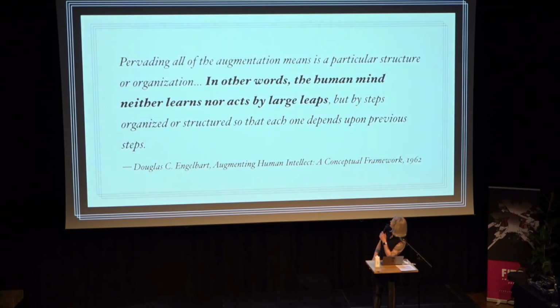So Engelbart said, the human mind neither learns by acts nor large steps, but step by step, organized or structured. Again, the sense of iterativeness, the sense of association, this is how humans learn. This is the continuing theme that all of these folks working in the field thought of as great problems. Quick side note here, we are focused on the tech around human-computer actions mostly, but this step-by-step process is also partly why humans tend to feel comfortable around tech exactly when it stops feeling so magical.